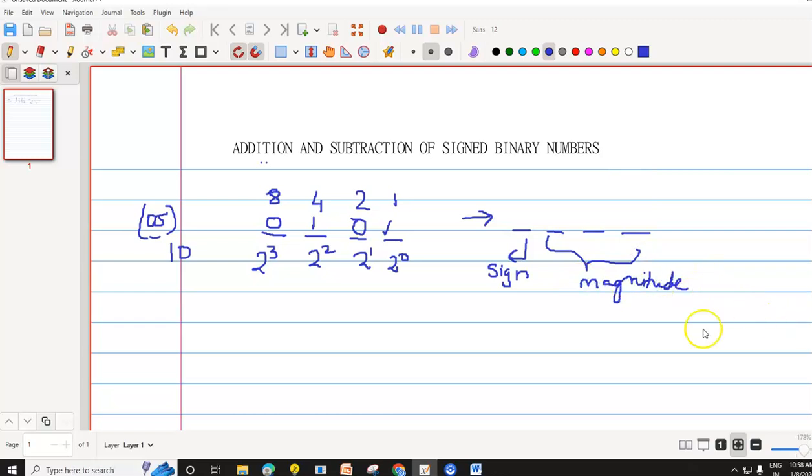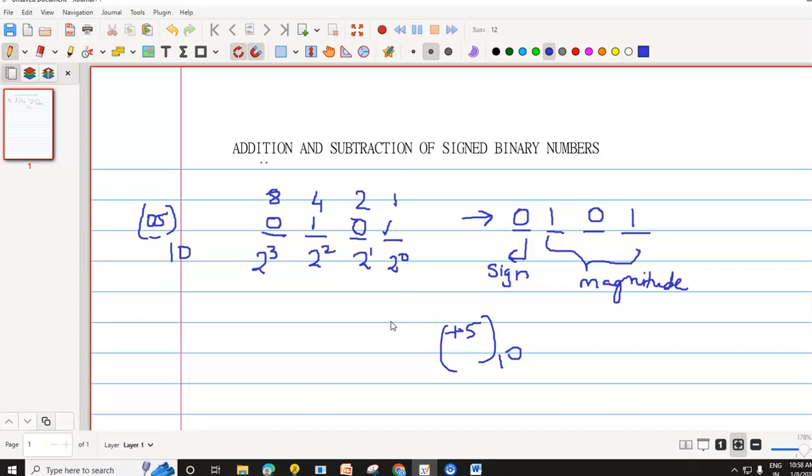So if the number is plus 5 in decimal, plus means the sign bit will be 0, and 5 means 1 0 1. This is the number representation in binary. Now we will see how to do addition and subtraction by using 2's complement form.